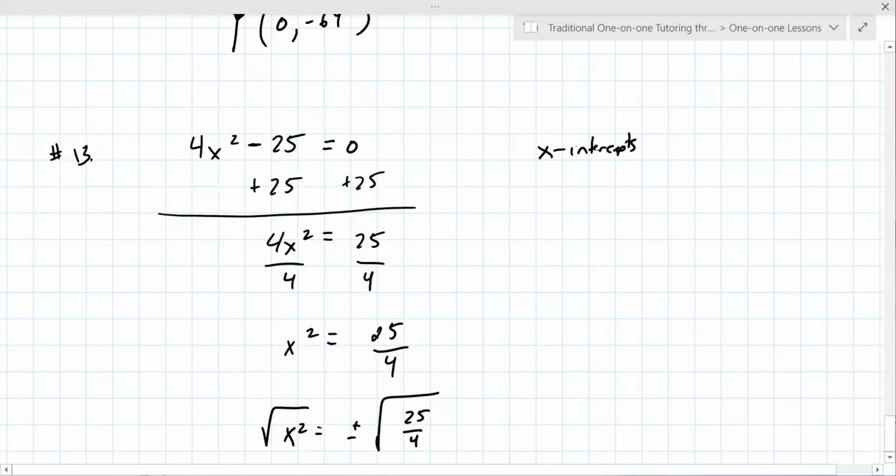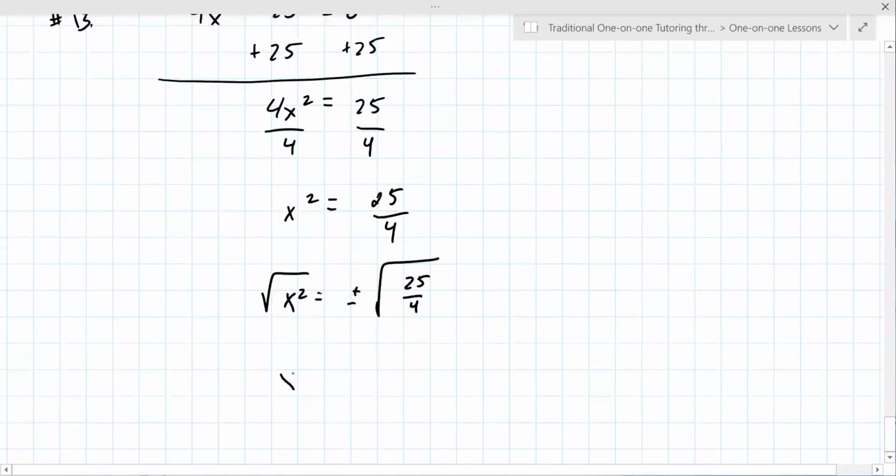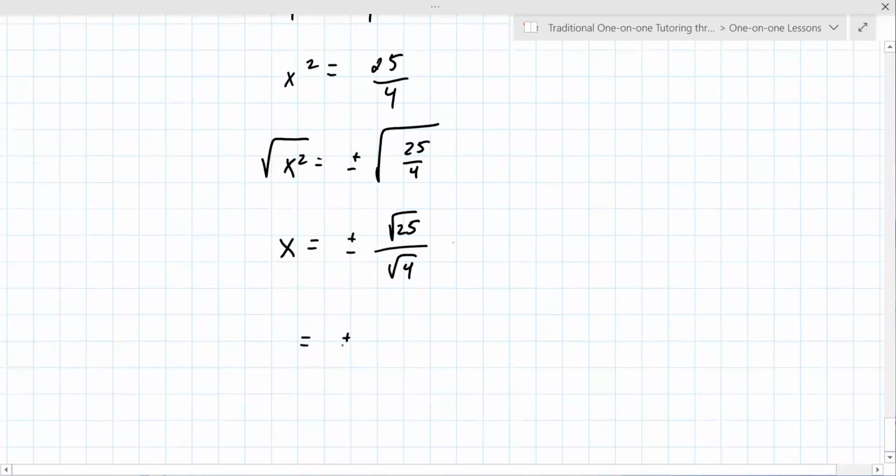This time you can take the square root of the top and the square root of the bottom. So this is really plus or minus 2.5.